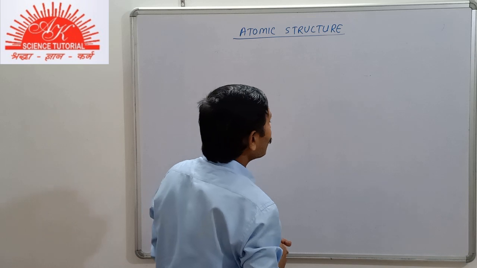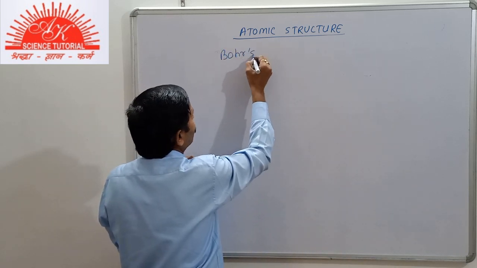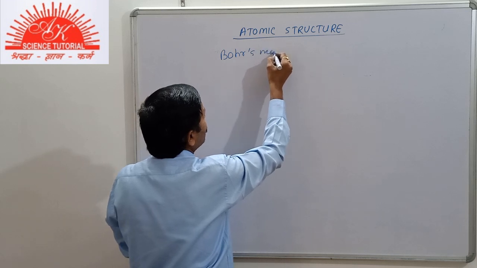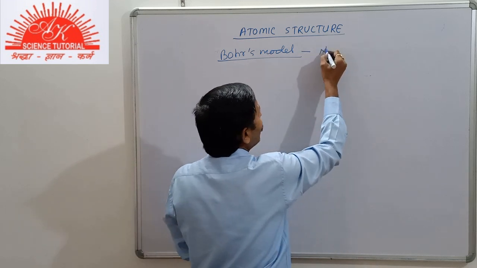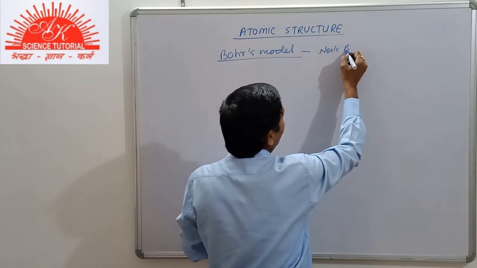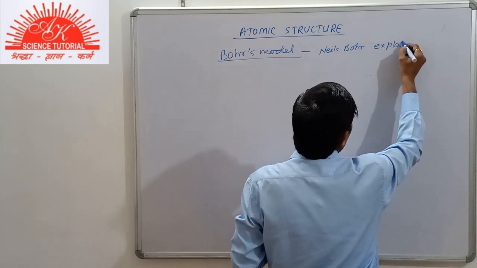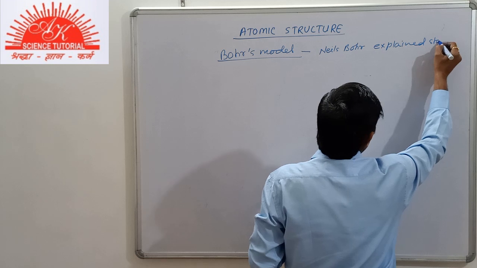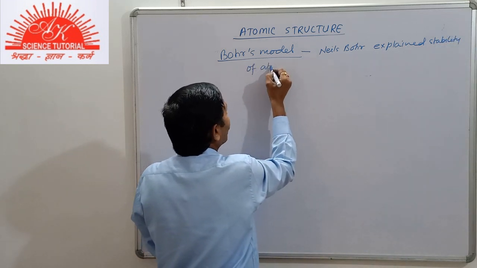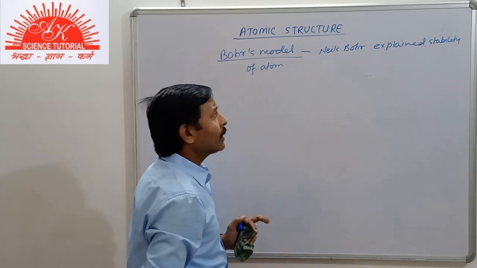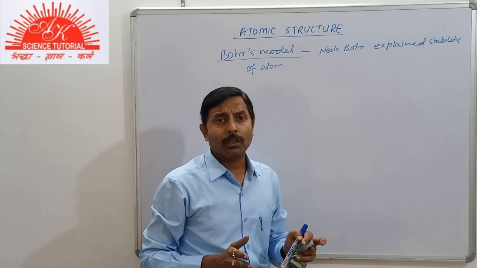Like you see, next is Bohr's model. Bohr's atomic model, or we can write Bohr's model. It was Niels Bohr who explained the stability of an atom. How was it explained? All the previous points were similar to Rutherford's experiment.